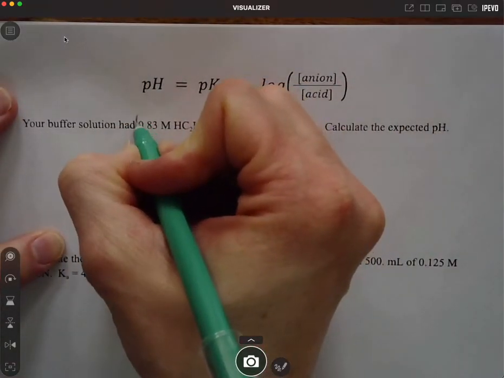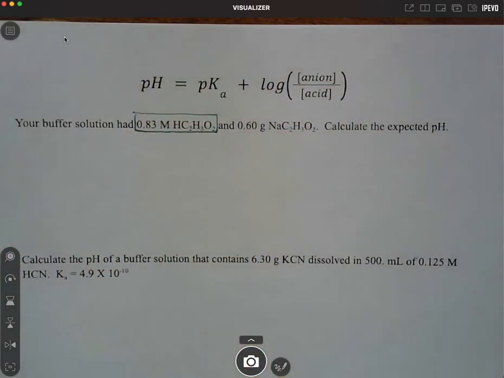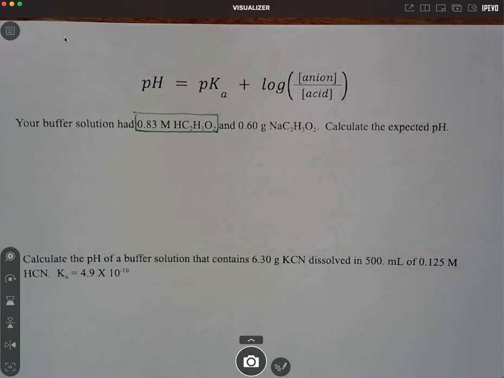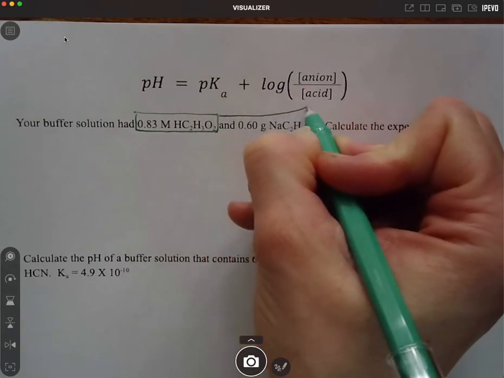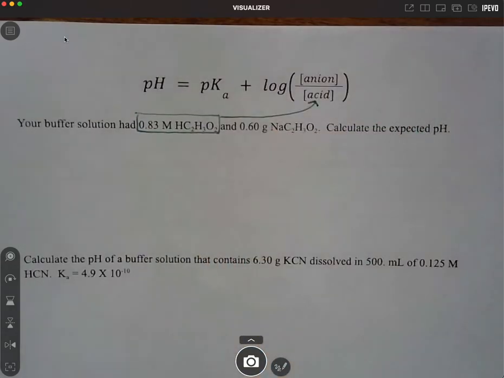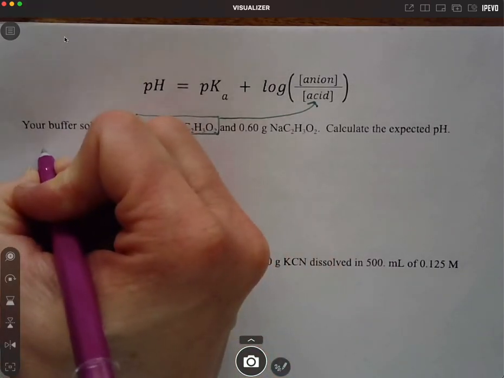So this piece right here, this 0.83 molar HC2H3O2, that is the concentration of the acid. It's the piece we're going to have to put in right there. This stuff is acetic acid.